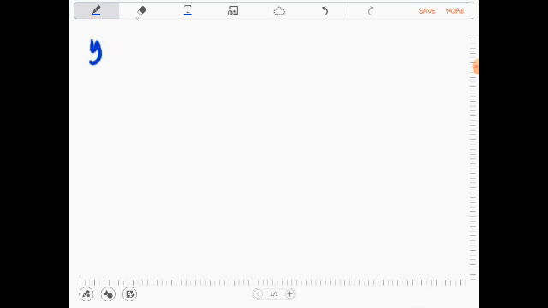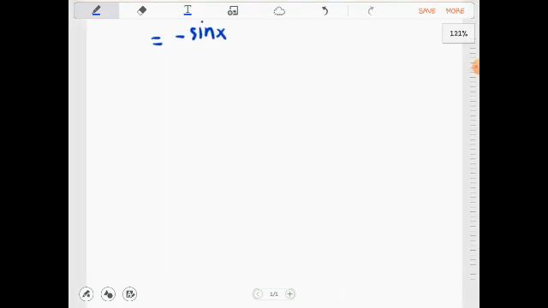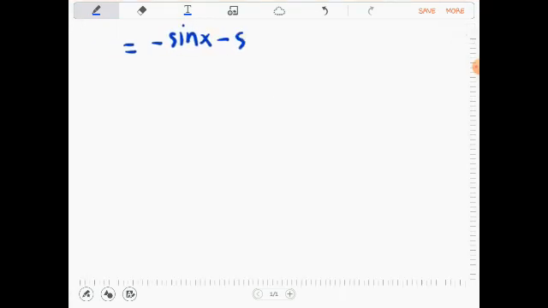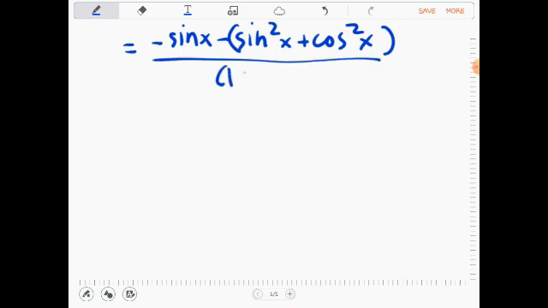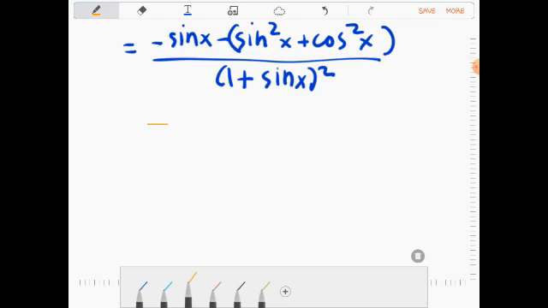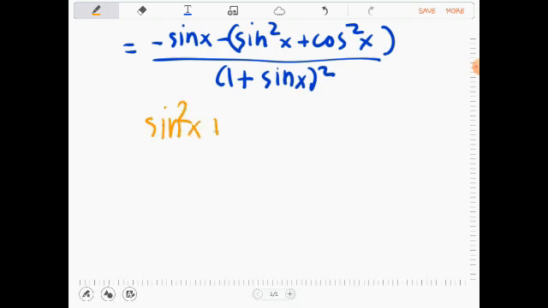Nandito na tayo sa negative sine of x minus sine squared x minus cosine squared x. Pinasok ko ito dyan, so ito ay magiging positive. All over quantity 1 plus sine of x squared. Okay? So ngayon, meron kasing value itong sine squared x plus cosine squared x, that is equals to 1.